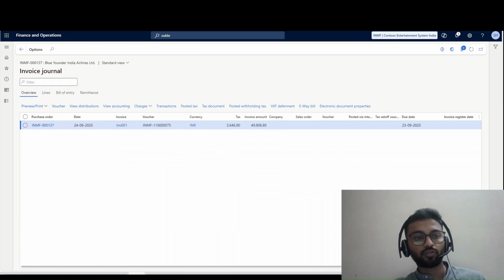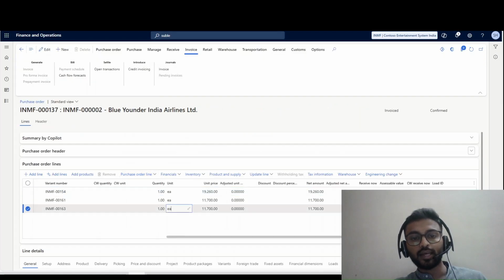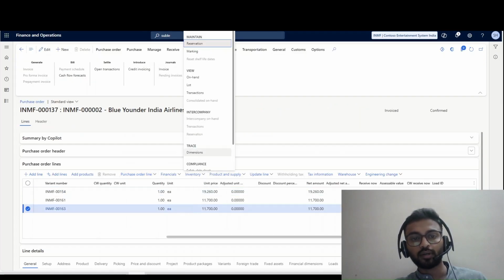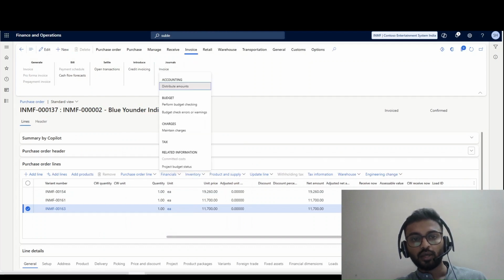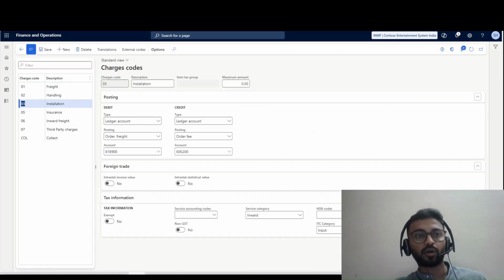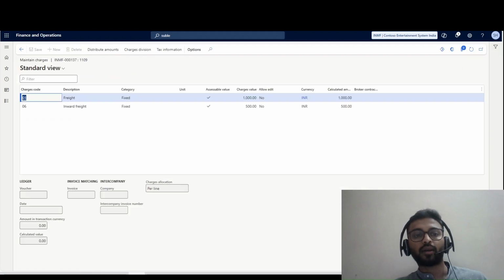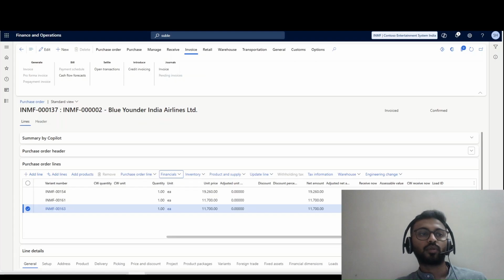If you forgot that, then you have an option here in financials. You can see in maintain charges what I have selected, number 6. Number 6 is what, for item to customer or vendor. So this 500 cost will be added into the item.